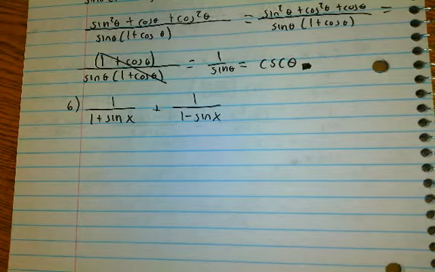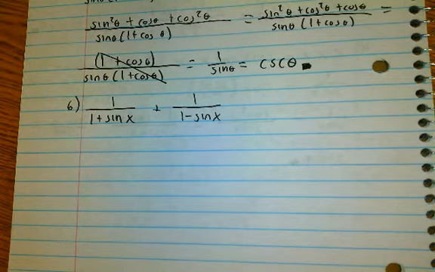Slow down. Get to the common denominator. Get to this where you don't know the bottom of the common denominator. Once you get the common denominator, like 1 plus sine x, that's what it is.